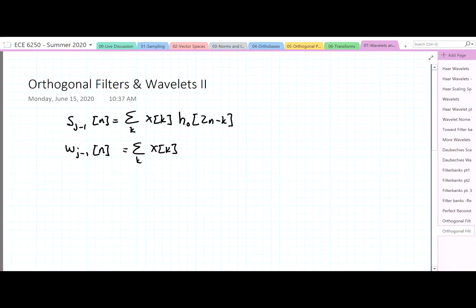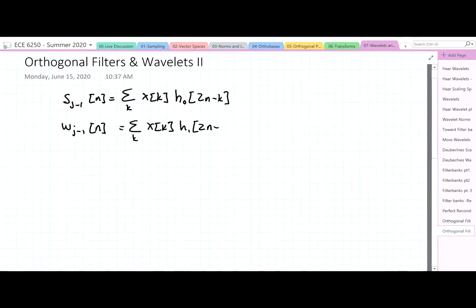So our scaling functions, our wavelet functions, are shown here. Remember, we're going from a fine scale to a coarser scale, like so.